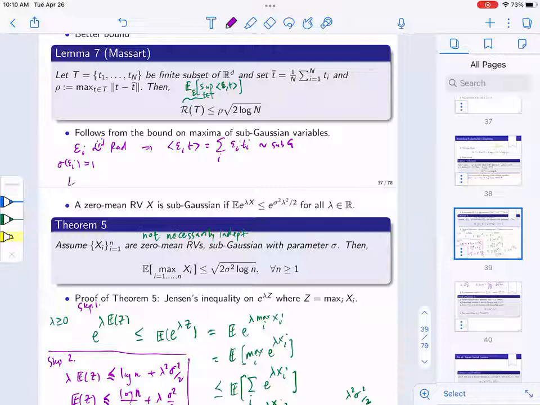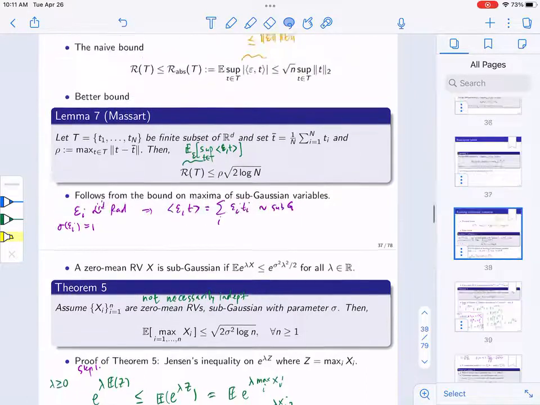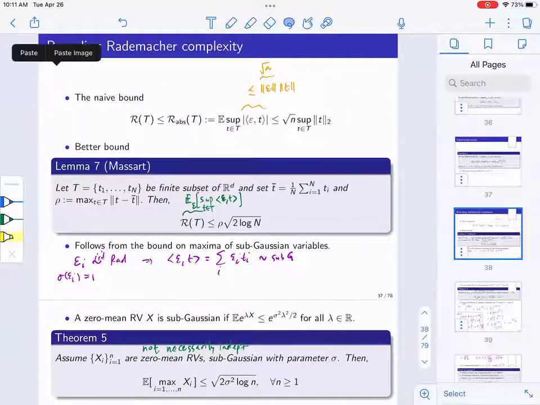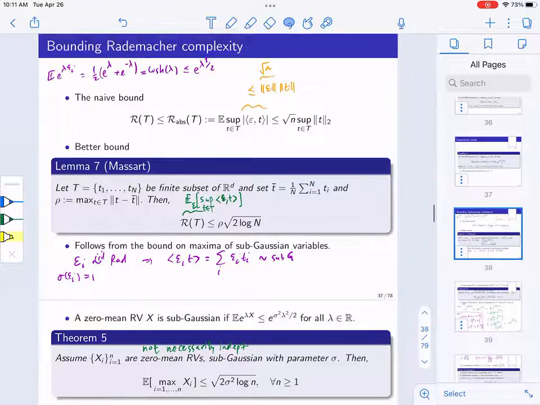It's easy to show. It's like the expectation of e to the lambda epsilon i, which is 1/2 of e to the lambda plus e to the negative lambda, which is cosine hyperbolic lambda. And then you show that this is bounded by e to the lambda squared over 2. This is a nice inequality. Just do, for example, Taylor expansion if you want. It's not hard to show that.